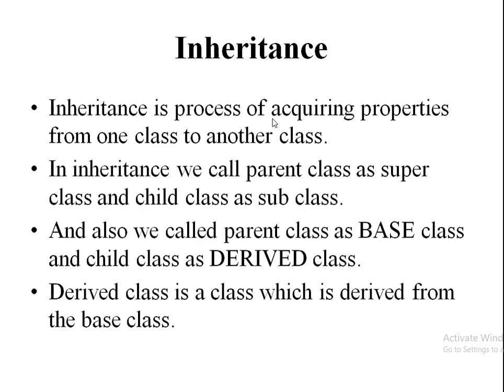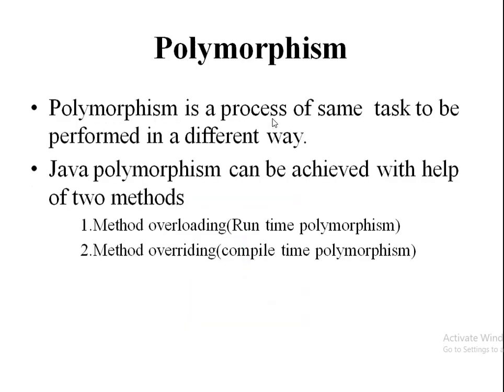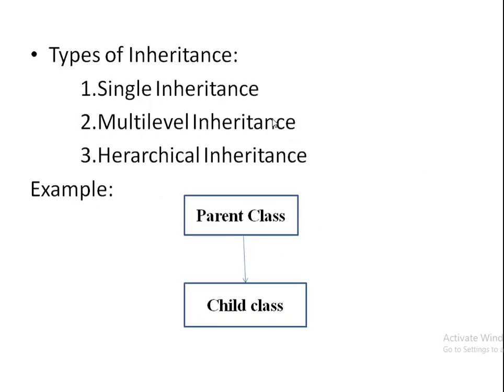A derived class is a class which is derived from the base class. There are mainly three types of inheritance we can use in Java: single inheritance, multi-level inheritance, and hierarchical inheritance. We can discuss these types in further classes.